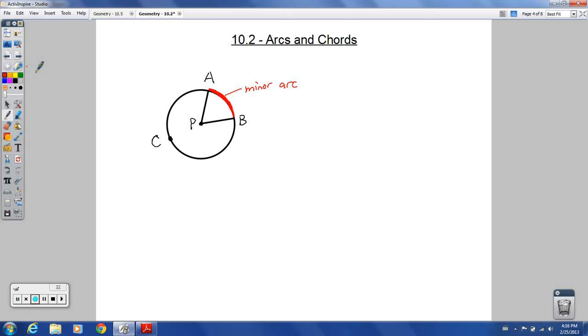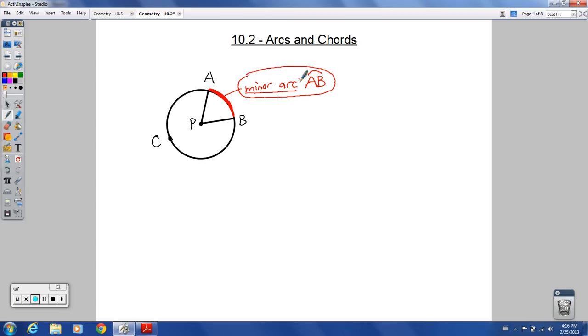So minor arc, and we would label this as minor arc AB, and you would also put the arc mark above that. And so minor arc, if you put the arc mark above it, this is actually sort of redundant to say minor arc AB, because this is essentially saying minor arc AB. So you're saying arc sort of twice there. We'll just be writing it once later on.